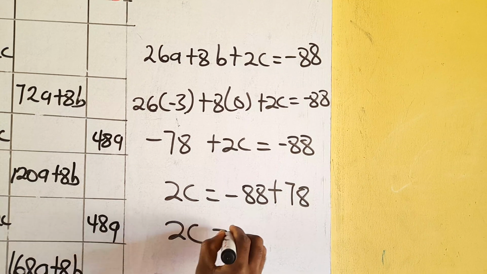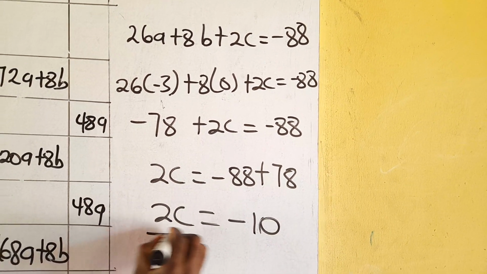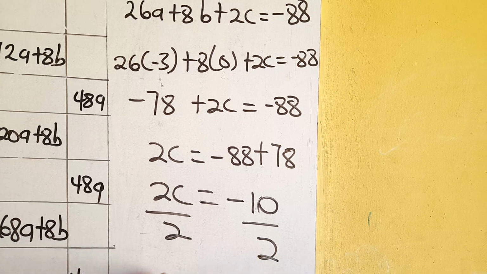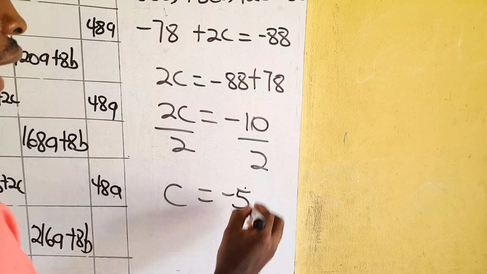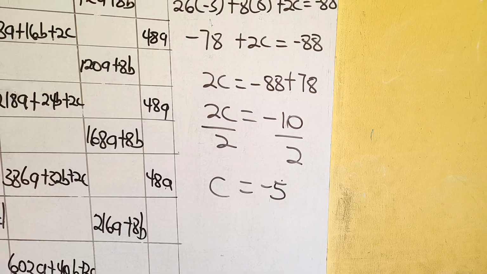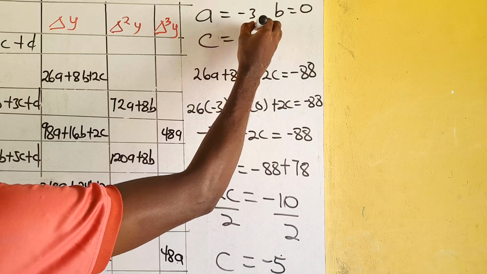So our 2C will be negative 10. When we divide both sides by 2, C will be equal to negative 5. I hope you get that. So we can say our C is negative 5.